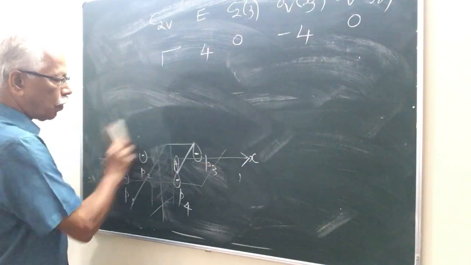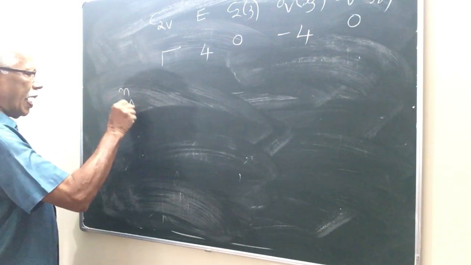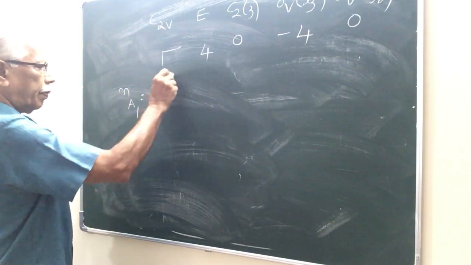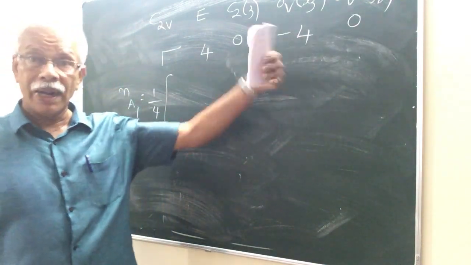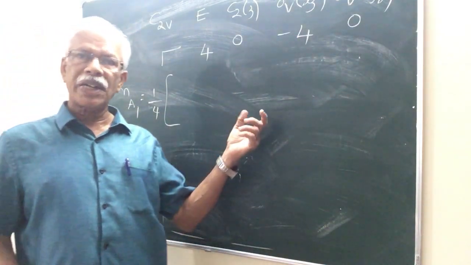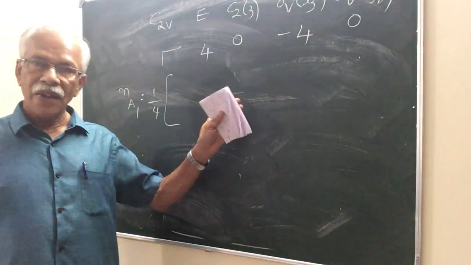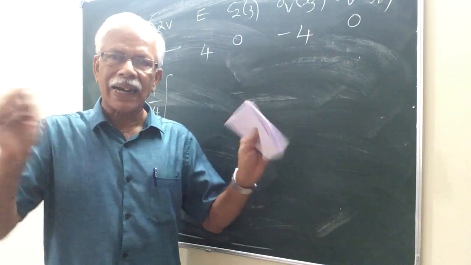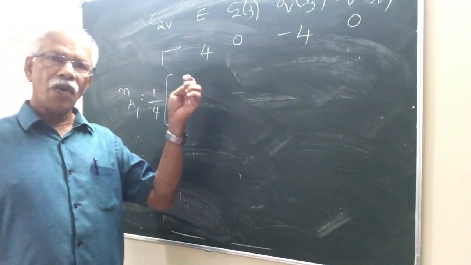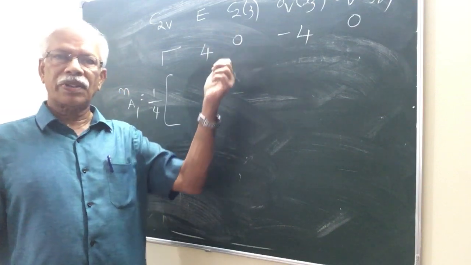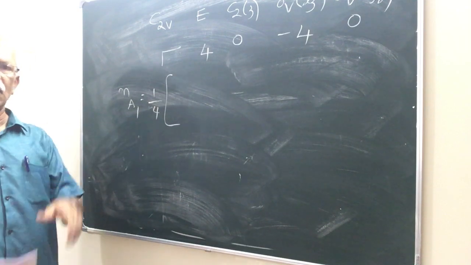Now use the reduction formula. Number of times A1 occurs is 1 by 4. In this case, you don't have to worry about NR because number of operations in each class is 1. Being an abelian group, every operation is a class by itself. So you just multiply the character of reducible representation with the character of irreducible representation denoted by the Mulliken's notation.